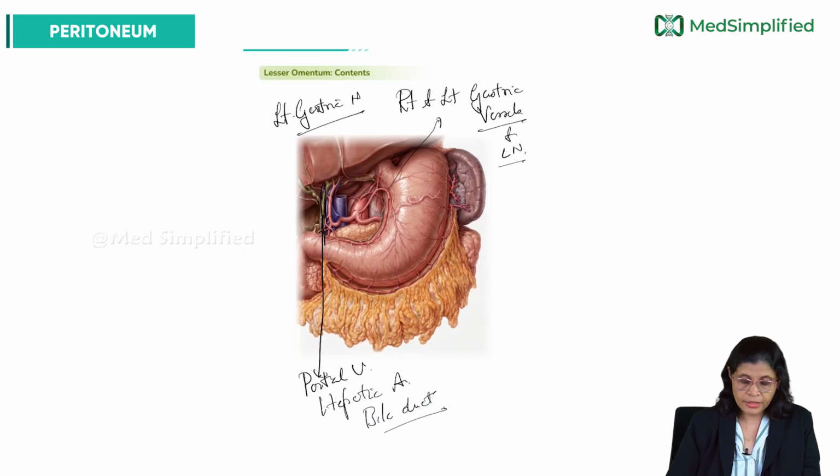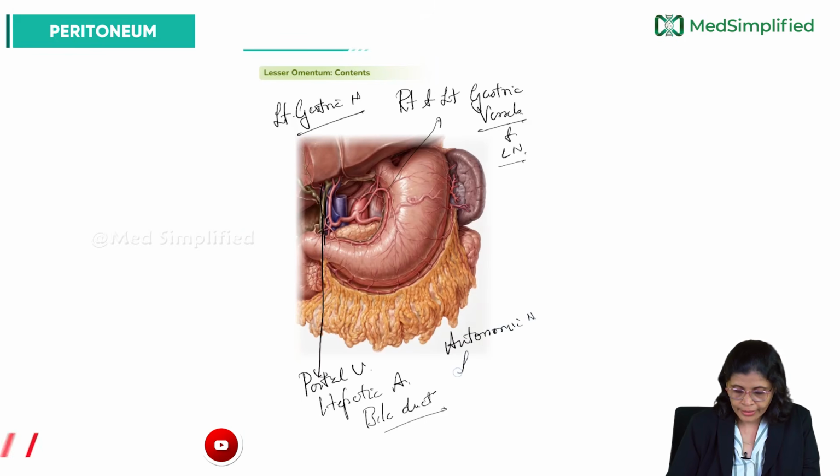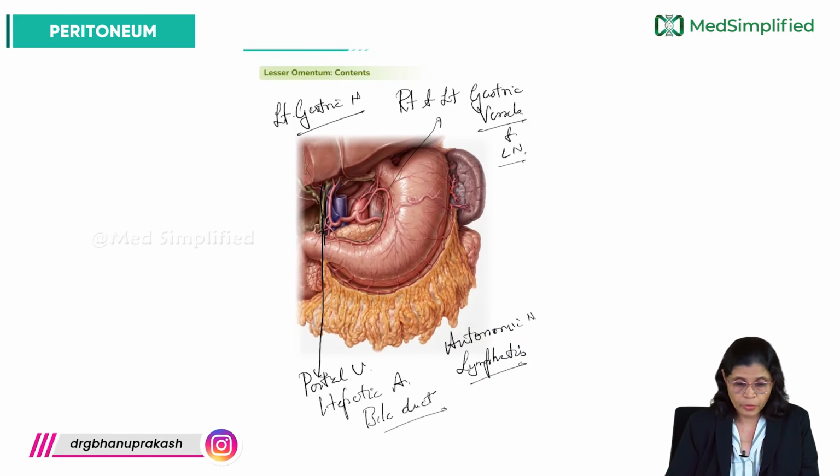Okay, so these structures will be anterior to the portal vein. So the bile duct being anterior to the portal vein. And then we will also see the autonomic nerves and lymphatics, lymph nodes and lymphatics. Okay, so these are the contents of the lesser omentum.